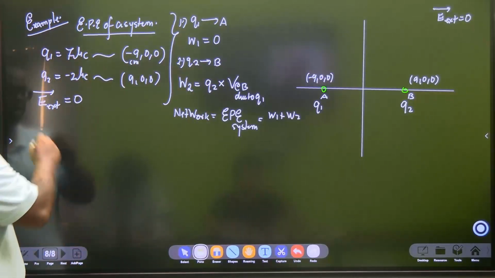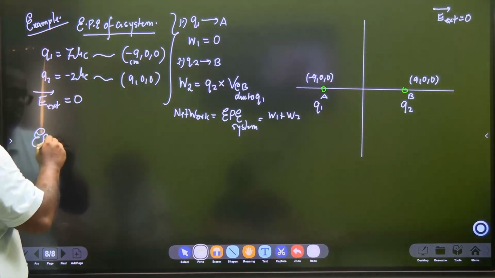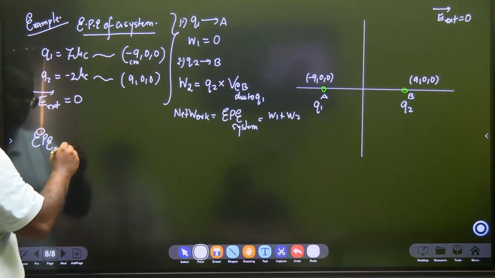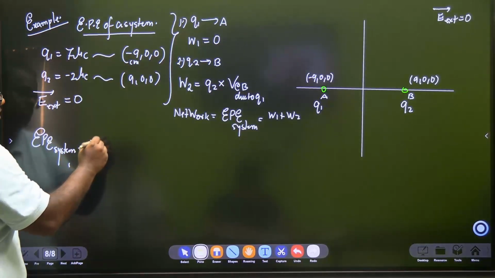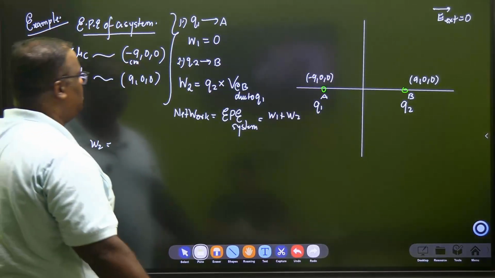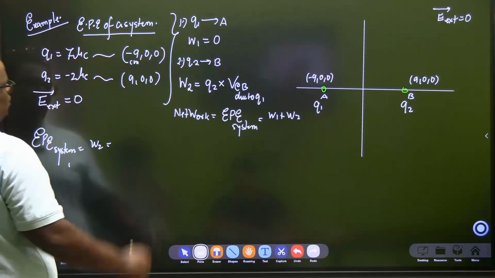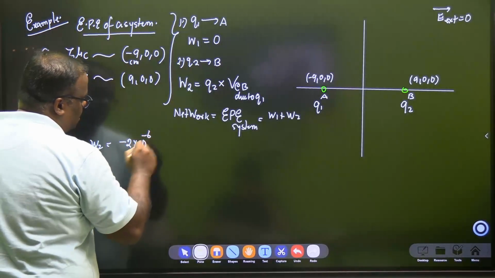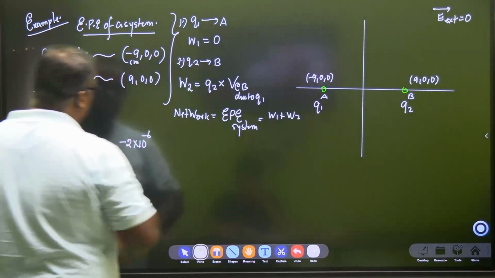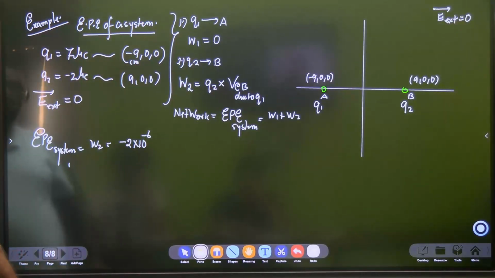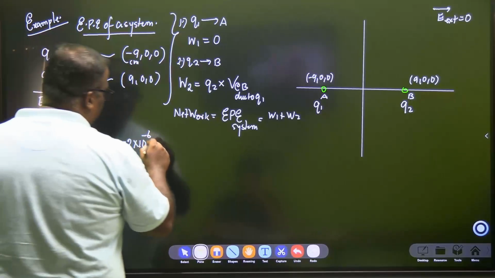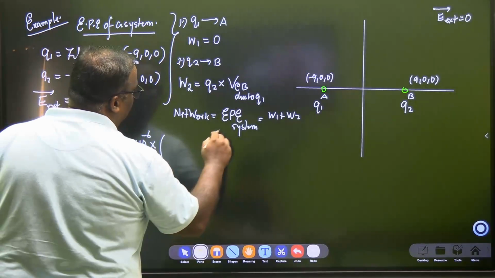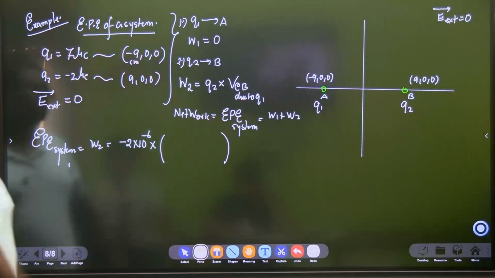So let's do our EPE. The electric potential energy of the system is finally equal to W2. So what is W2? Take the value of Q2: negative 2 into 10 to the power minus 6 coulomb, multiplied by the potential experienced here.